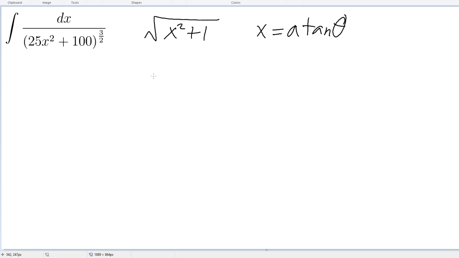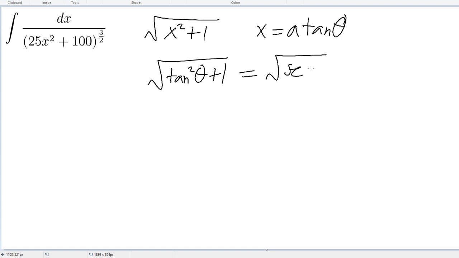Again, the reason is that tangent squared plus 1 is secant squared, and that gets rid of our square root. So we will be using tangent theta.